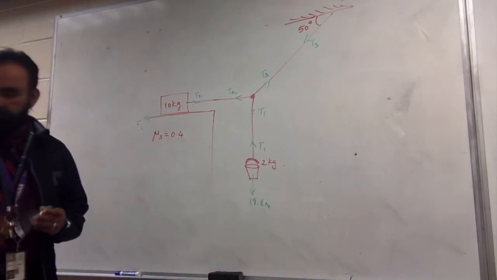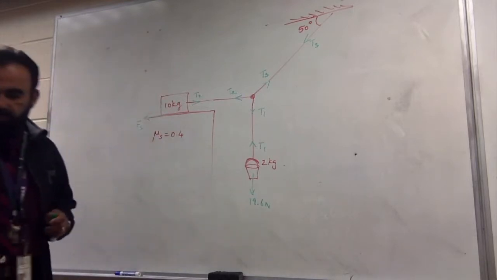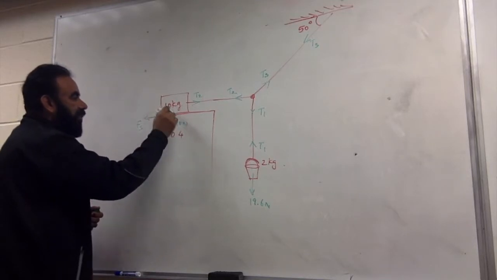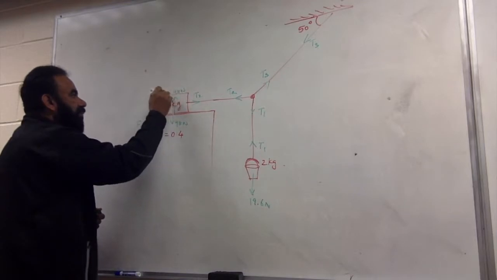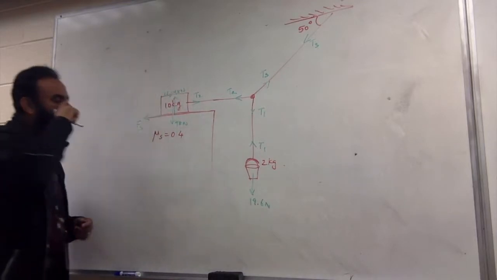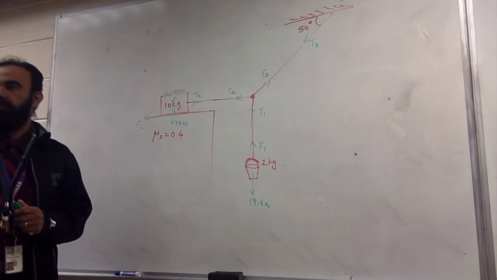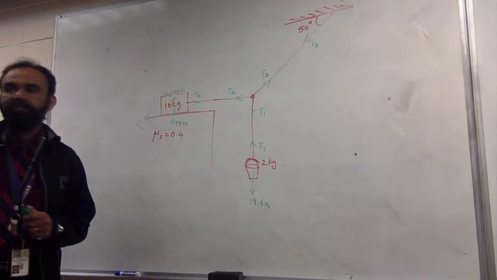Can we determine the normal reaction? We can. So we have to put the normal reaction also on it. First thing is the weight of this, which is 98 newtons. And then the normal reaction is 98 newtons. Some books don't write NR. Some books write FN as a normal force. Some books write different symbols.